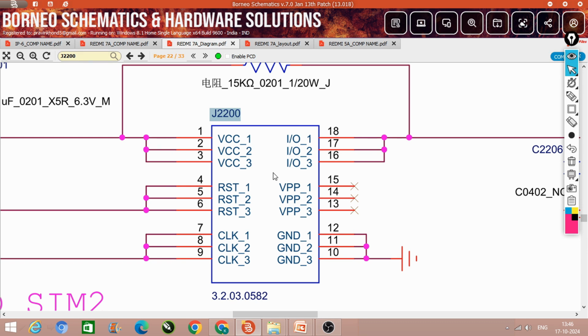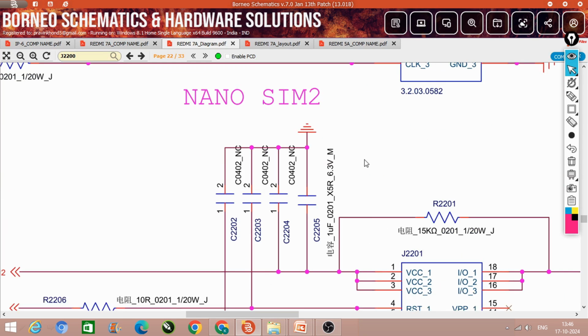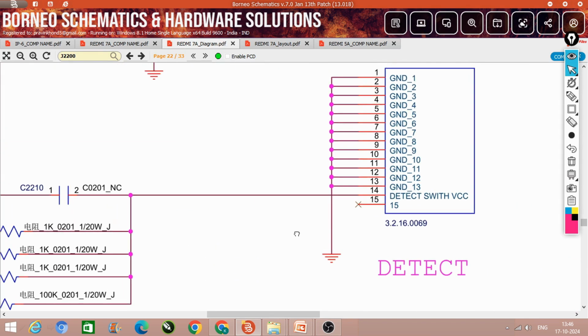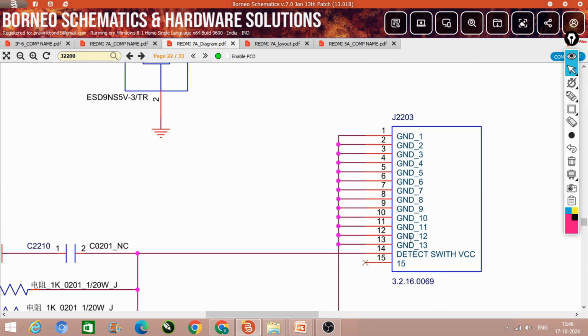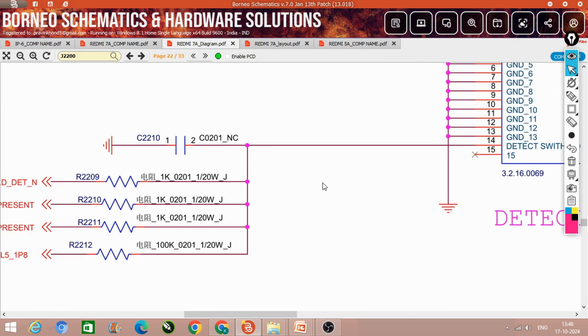Before understanding these pins, first we learn how the detection pin works, because without detecting the SIM, your SIM does not work. So how does the SIM detection pin work? For this we go to the 4th position. In this you will see 13 pins, and all except one are ground, right? One pin is connected with VCC, call it the detection pin or detection switch.